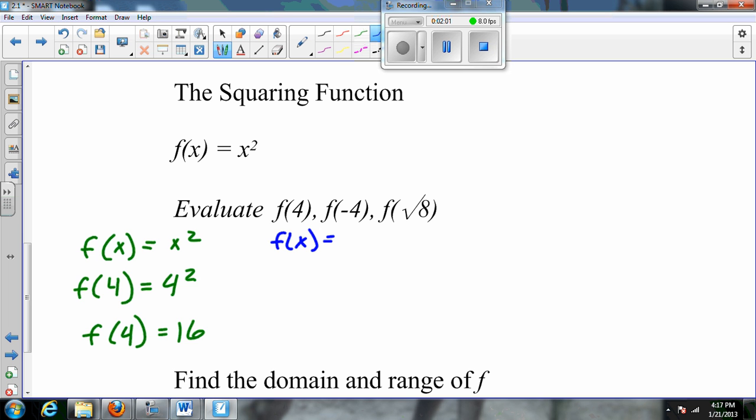For f of x equals x squared, and we're evaluating f at negative 4, we plug in negative 4 and square it. So f of negative 4 is also 16.